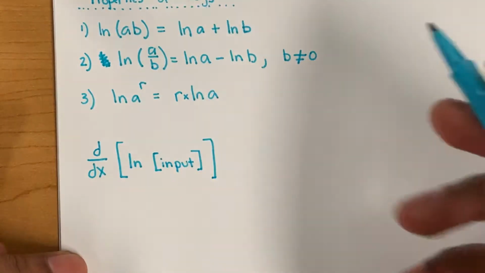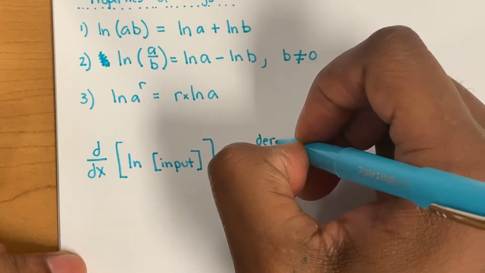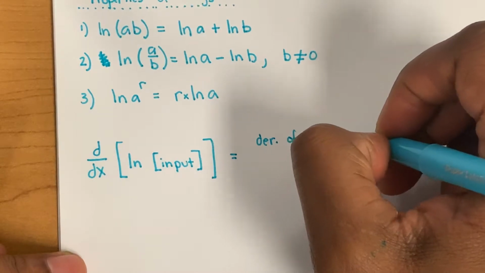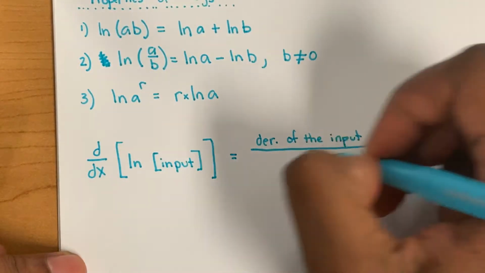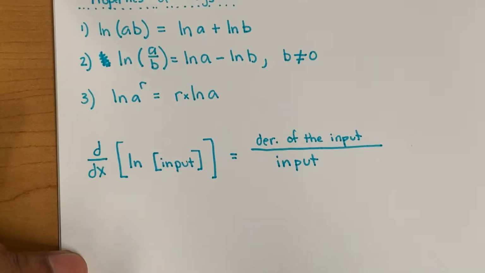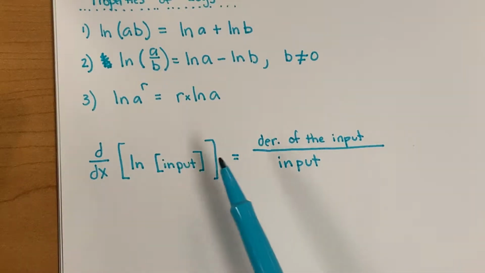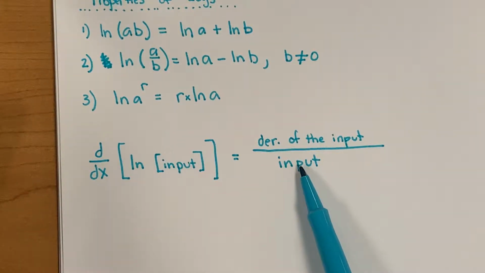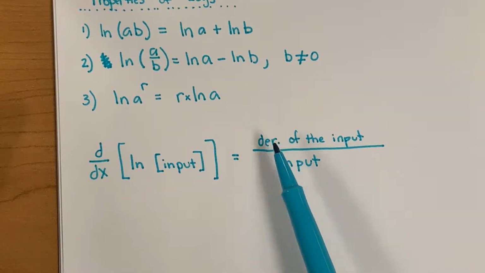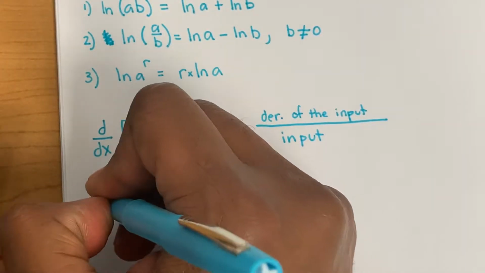To take that derivative, this is equal to the derivative of the input all divided by whatever the input is. Now again, this is important, and let's not deviate from that point. Whatever follows the logarithm, that is what goes in the denominator, and the derivative of that input is what goes in the numerator.